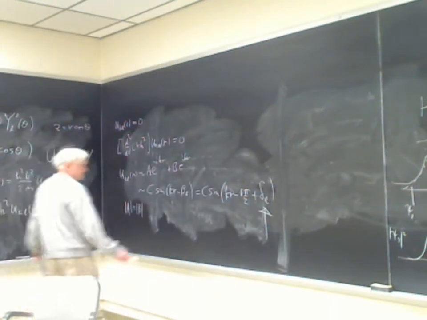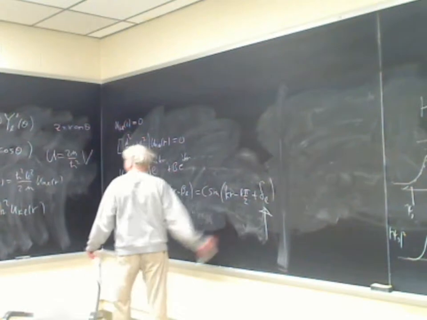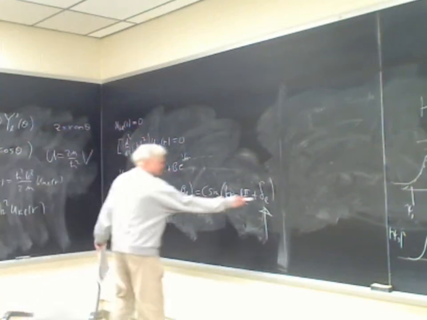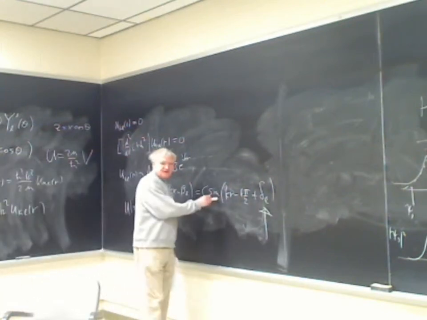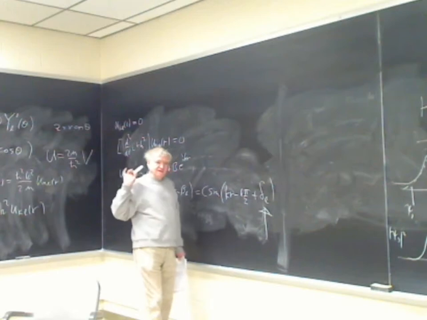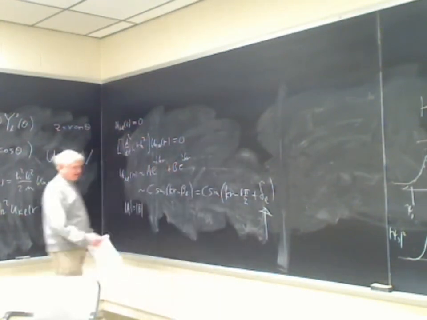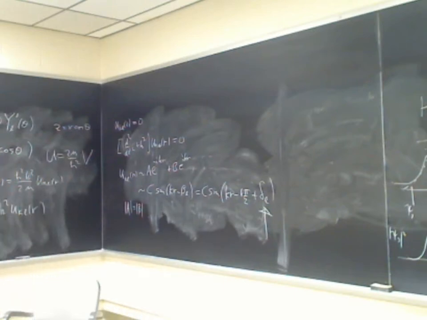The reason why you do that is you want to pull out this phase, because this is the phase that occurs in the spherical Bessel function at large distances. And so if there were no scattering, delta L would be 0, and you just have a plane wave that would come in and would just keep going and there would be no scattering at all if all delta L's were 0.